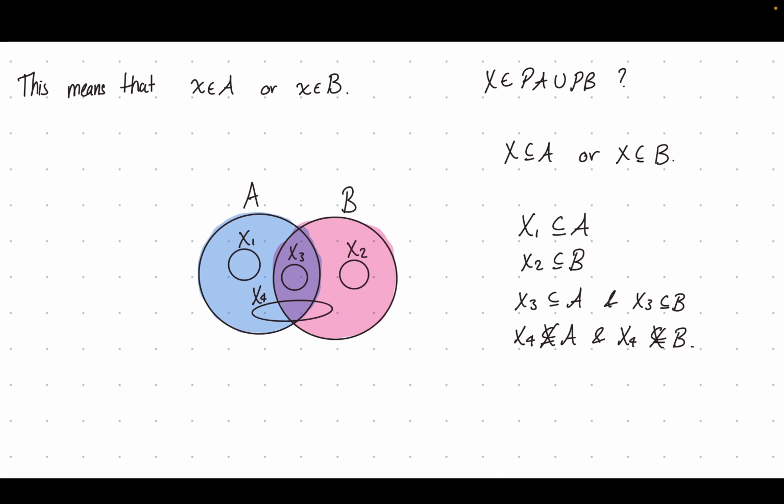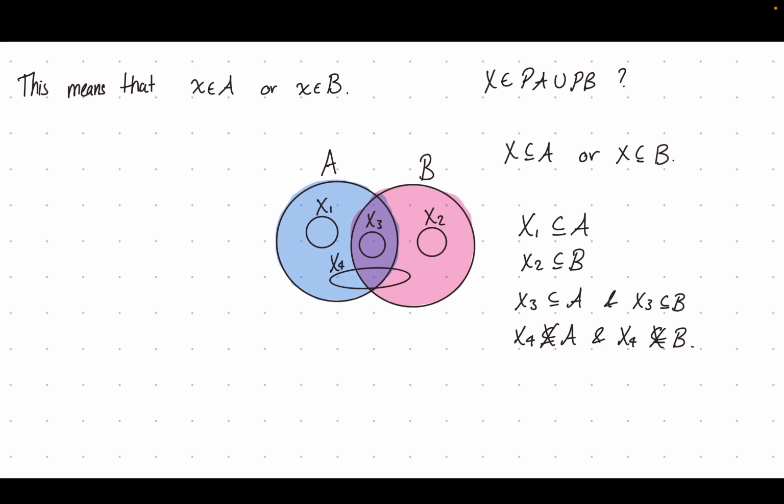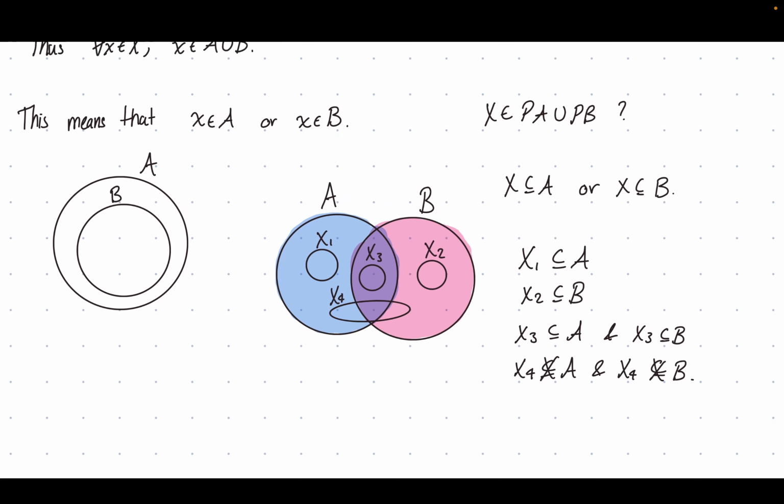Now, the most straightforward way to do this, and I challenge you to show that this is in fact the only way to do this, is to consider when this is your A and this is your B. In this case, what do we have? Oops.